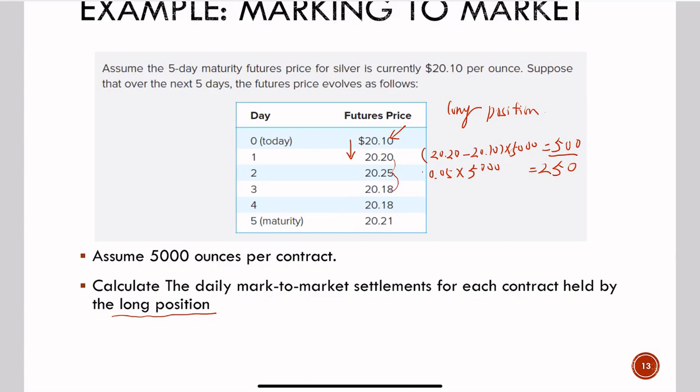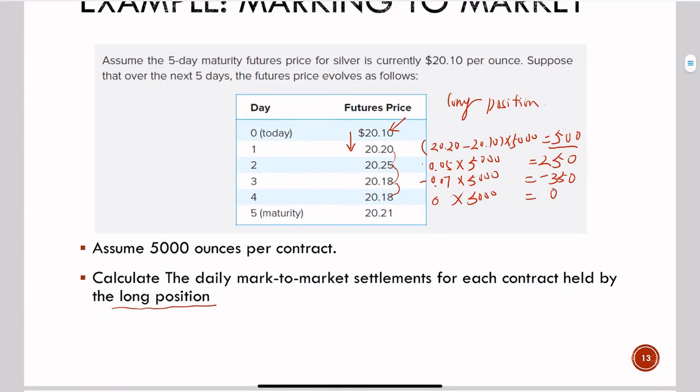So if you're taking the long position, you have to suffer this loss, which is minus 0.07 times 5,000. So your account would be deducted $350. And then there's no change, so your account balance would stay the same.